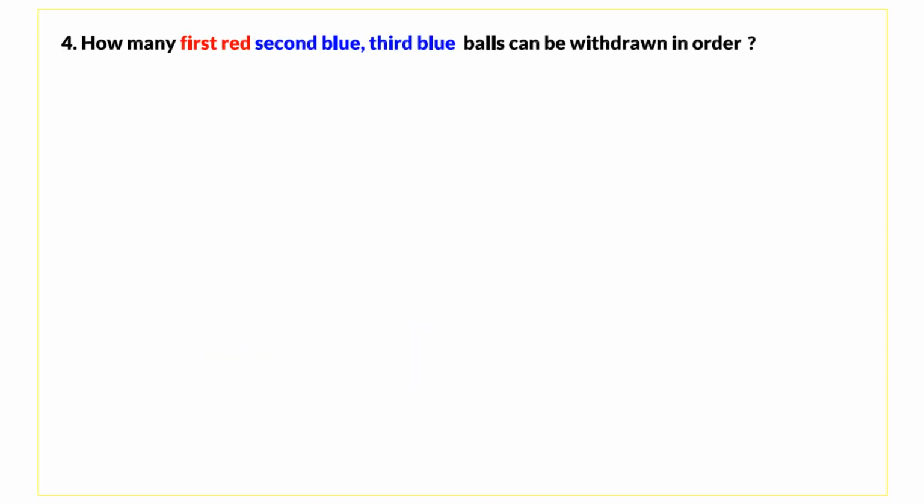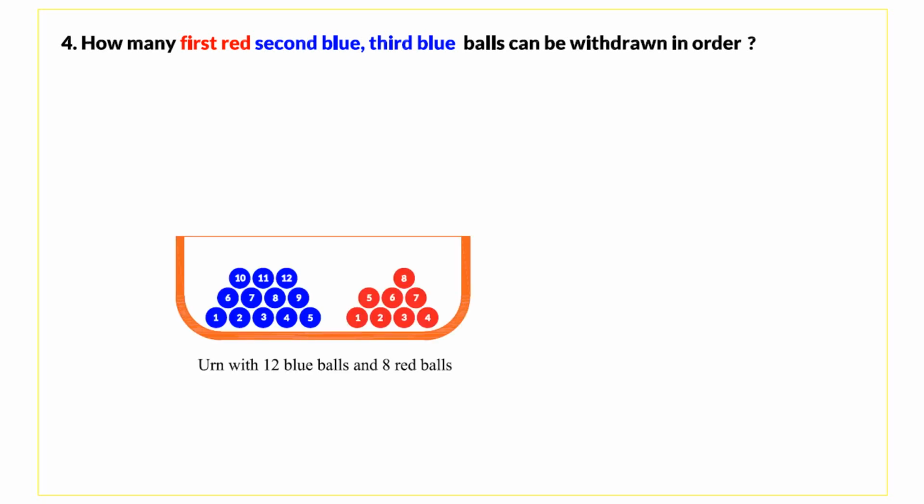Question number 4. How many first red, second blue, and third blue balls can be withdrawn in order? So here we have all the set, and we pick first red, and second blue, and third blue. And now we have a sample of 3 objects.